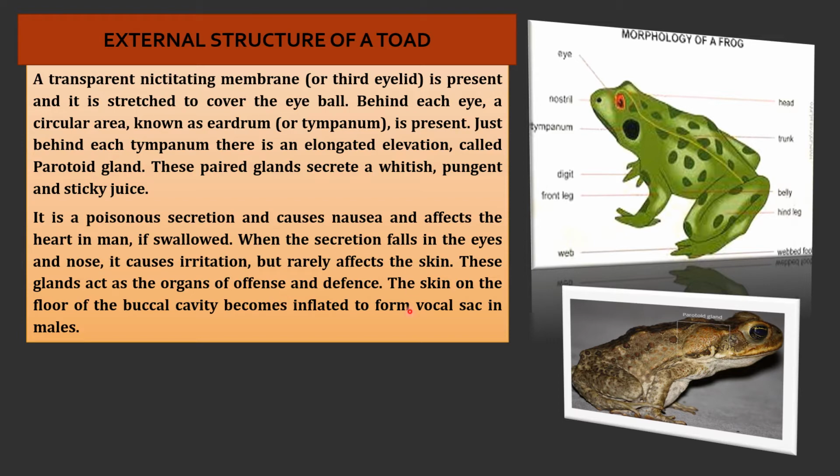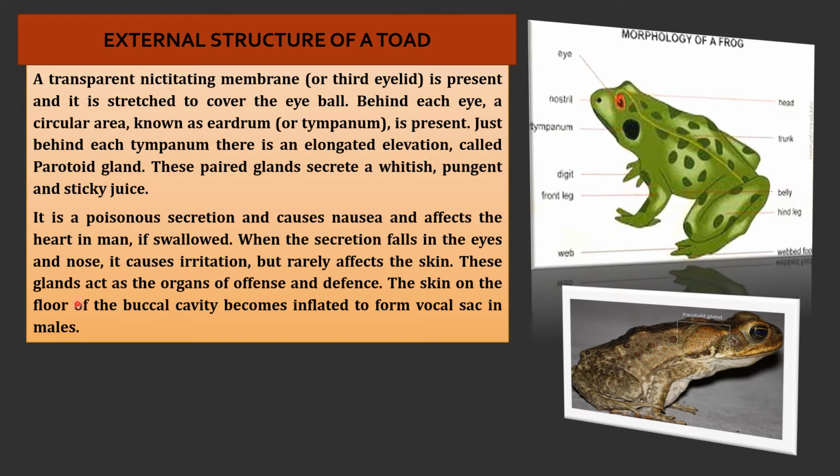Now, why does this type of secretion happen? Because this helps the frog or toad in defense. So when the secretion falls in the eyes and nose, it causes irritation but rarely affects the skin. You have understood what they want to say, that when this type of secretion falls in the eyes or nose, irritation may happen, but generally it doesn't affect the skin.